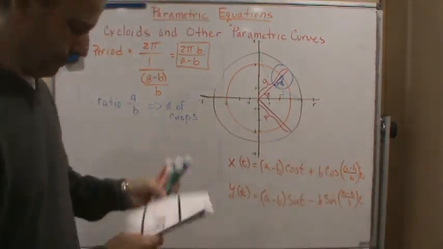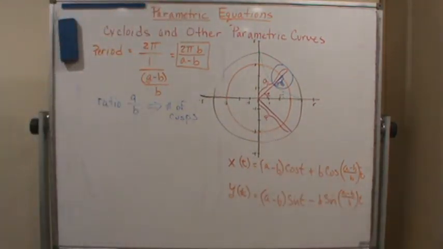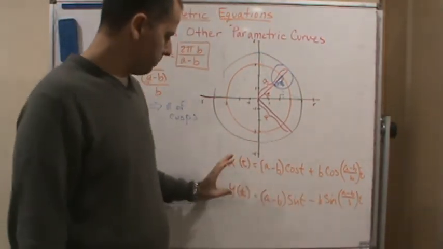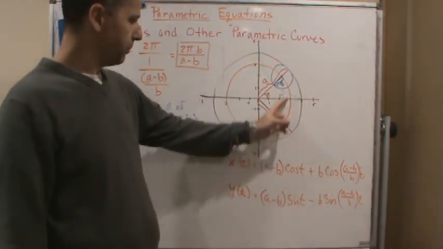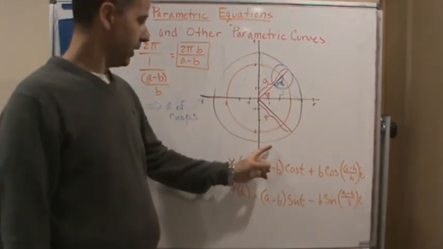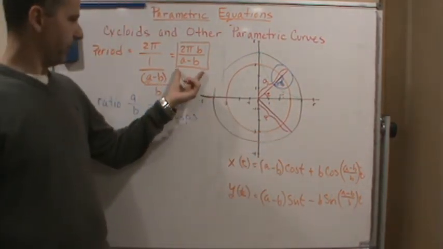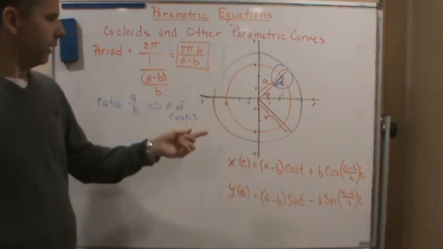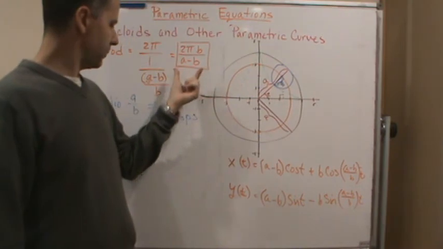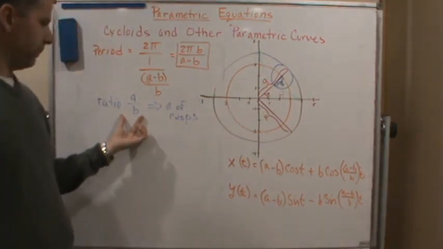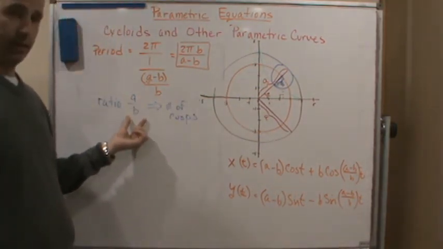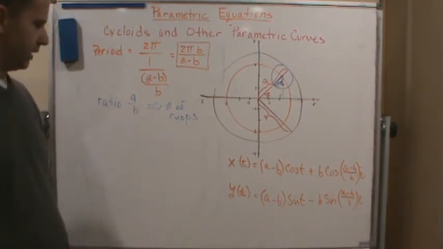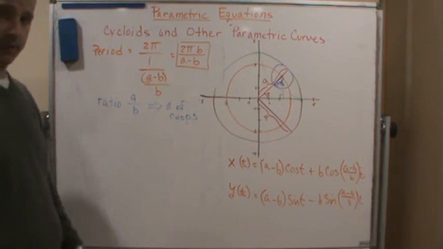Okay, so that's it on hypocycloids. But again, the main thing is these are the parametric equations that describe this situation. And remember that this is the period, and then the ratio of A to B, the outside radius divided by the inside radius, the bigger radius divided by the smaller radius, tells you the number of cusps if it's rational.